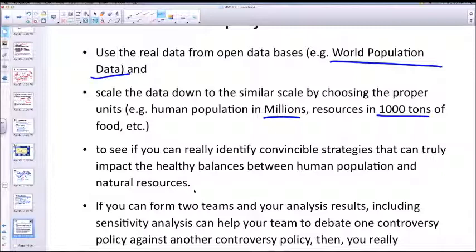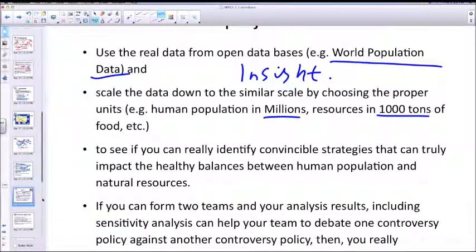If you have two teams, each team makes your own argument about what strategy is the best. And then can you use this STELLA model to do the sensitivity analysis and then debate to win your point. That's what I call insight. It's not about a number, but you need to get insight from the number.